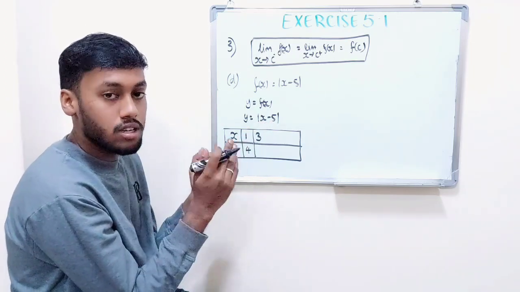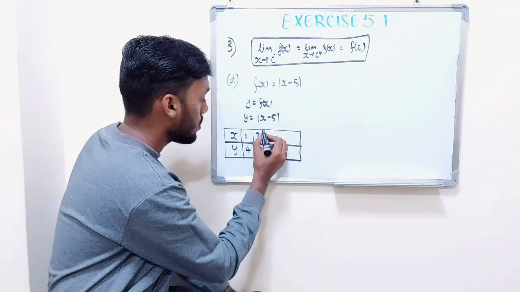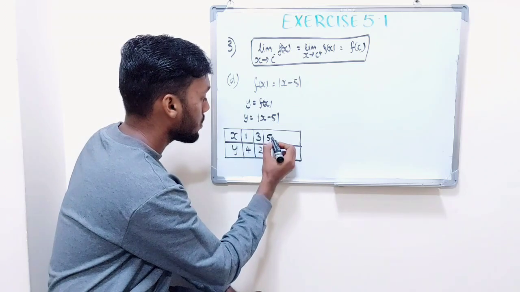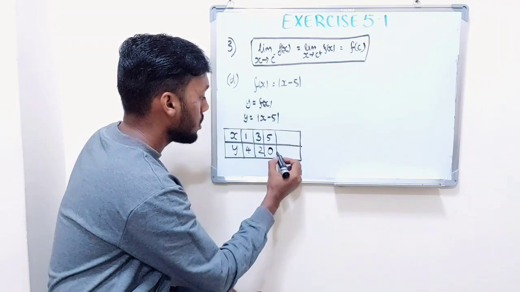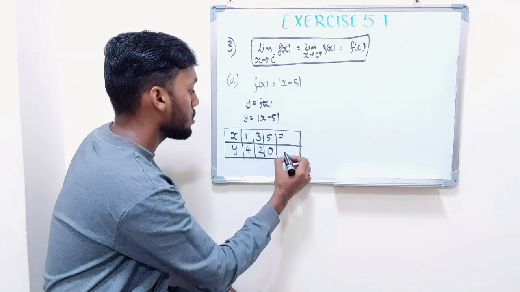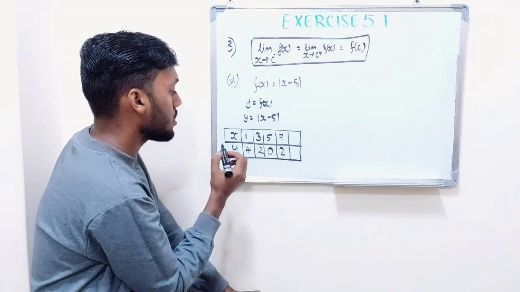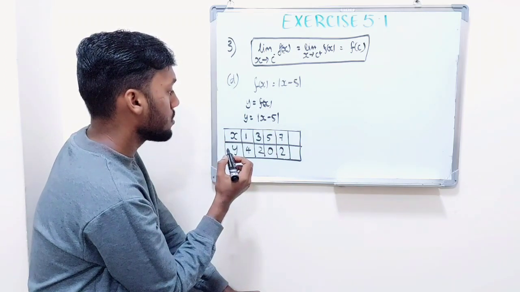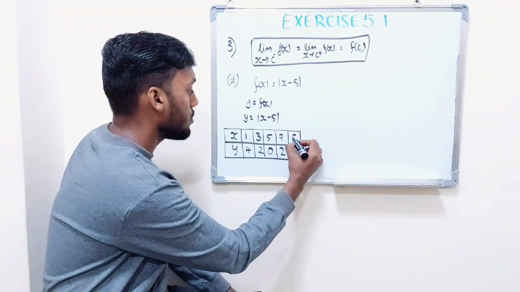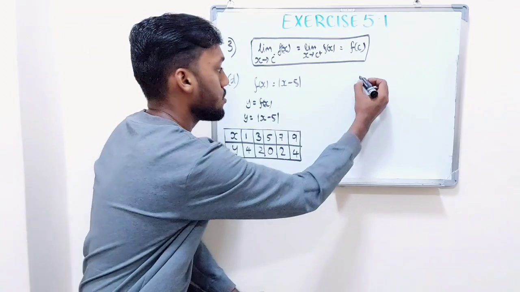Since it's negative, it gives outside plus 2. Now let's take value as 5, we'll get 0. Let's take value as 7, we get 2, right? Let's take 9, we get 4. Okay, now let's draw this graph.